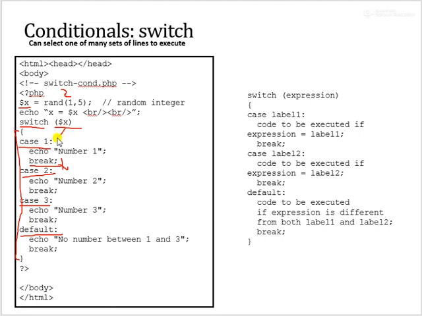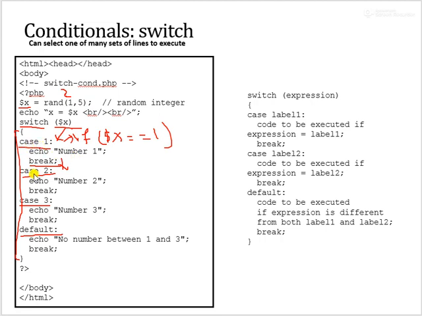So case 1 means it checks if x is equals to 1, so this case 1 is equivalent to this if statement. So it checked if x is equals to 1, no, x is not equals to 1, so this is false, case 1 will not execute.